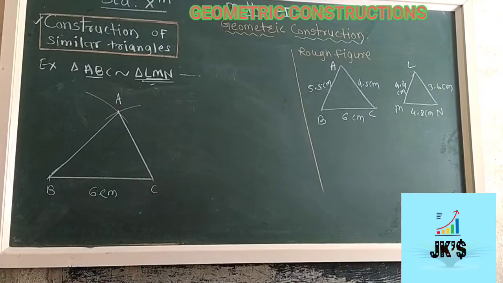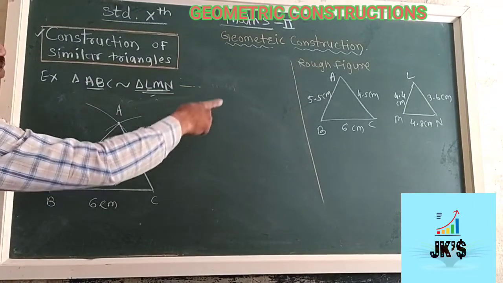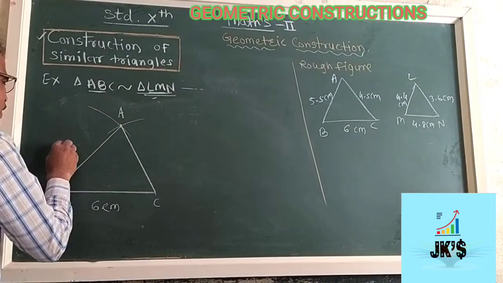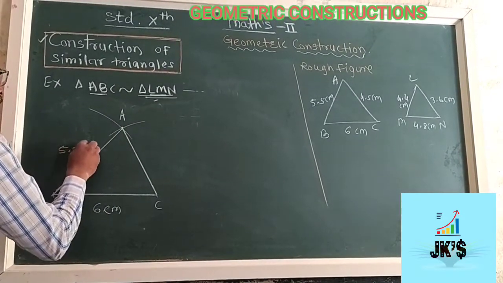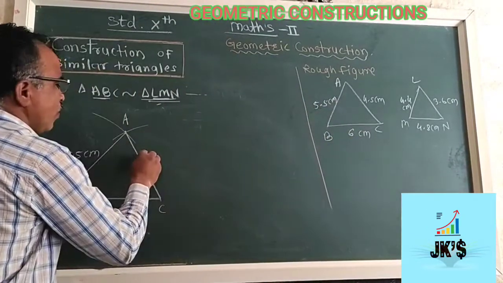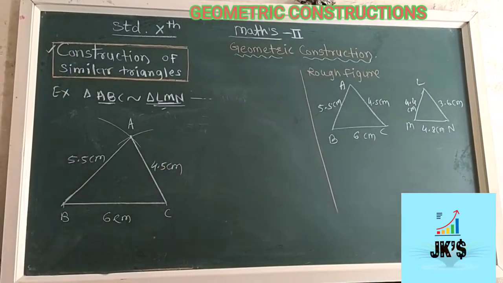In this way, friends, our triangle ABC is completed. The distance of AB is 5.5 centimeter, the length of AC is 4.5 centimeter. This is our first triangle.